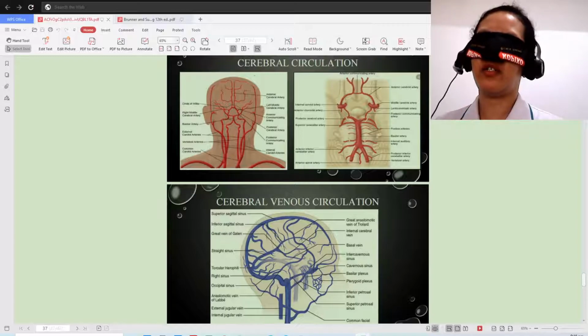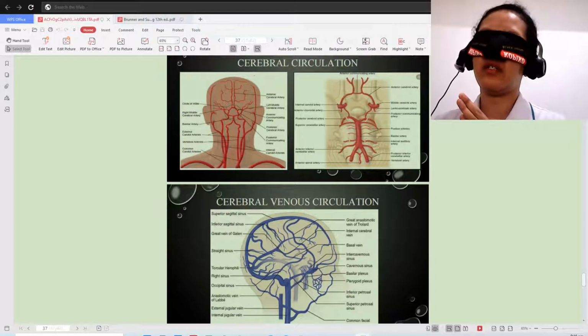Cerebral circulation is the blood flow in the brain. There are two paired arteries which are responsible for the blood supply to the brain. These arteries are vertebral arteries and internal carotid arteries.